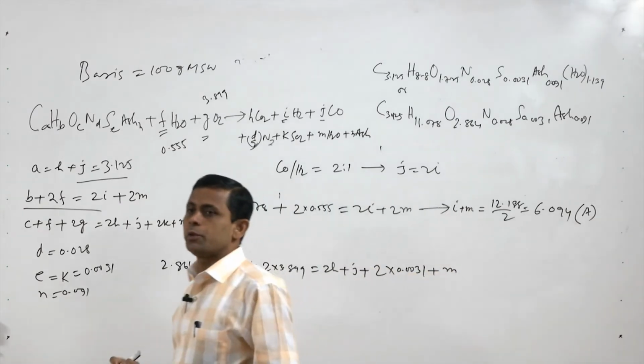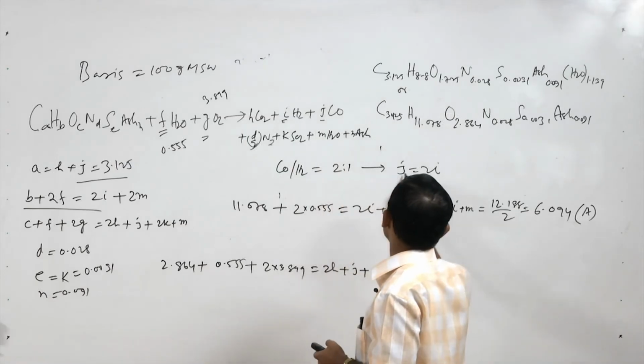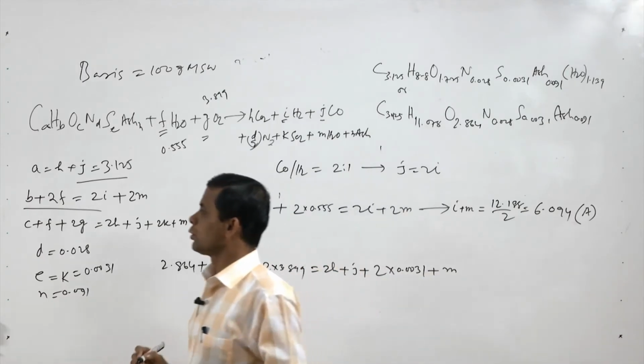And another expression we have here, that is CO by H2 equal to 2 or J equal to 2I. So, J equal to 2I.